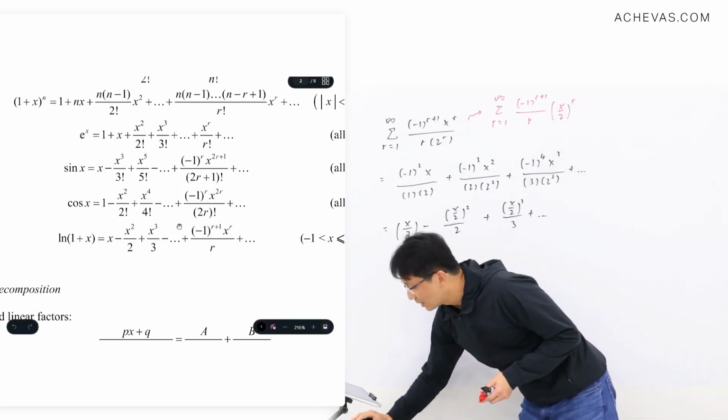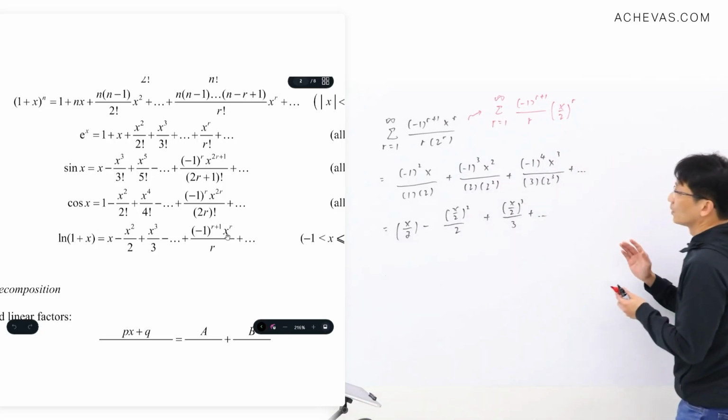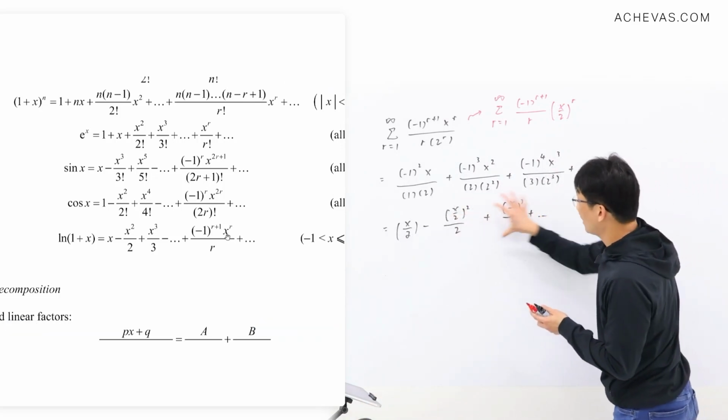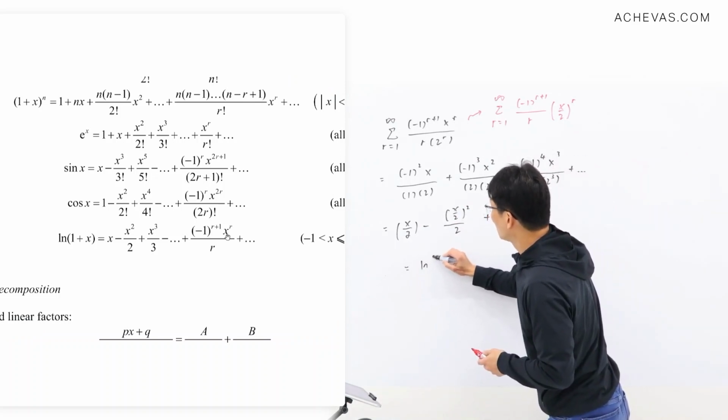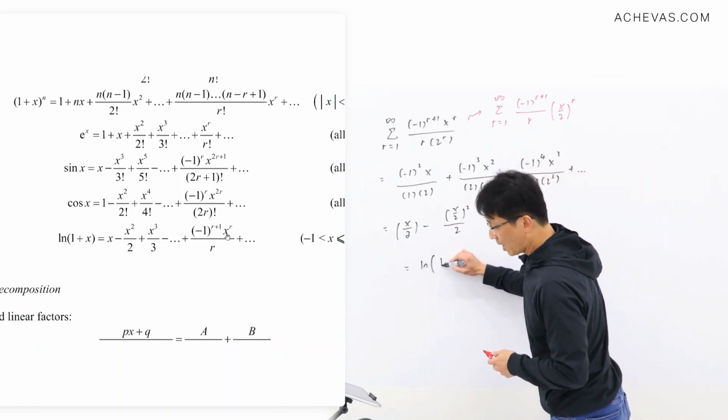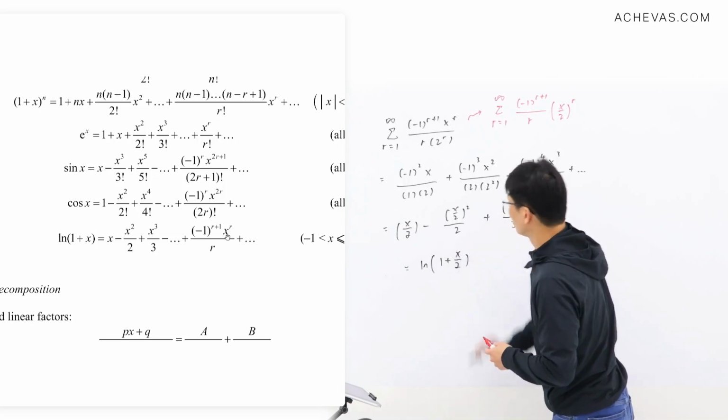It's exactly the same as this, except we are replacing the x with x over 2. So therefore, this entire expression can be rewritten as ln bracket 1 plus x over 2.